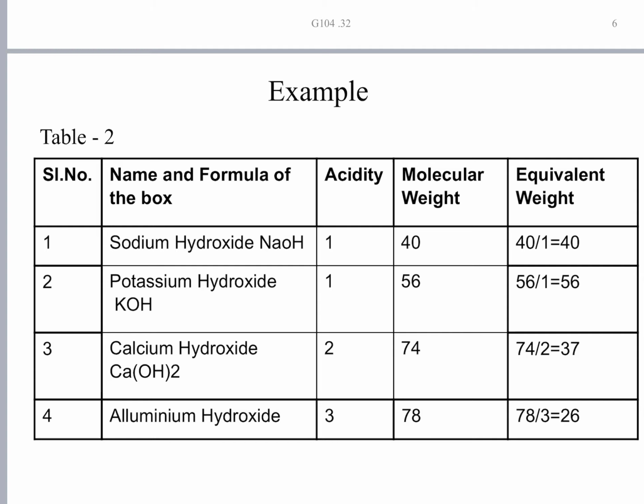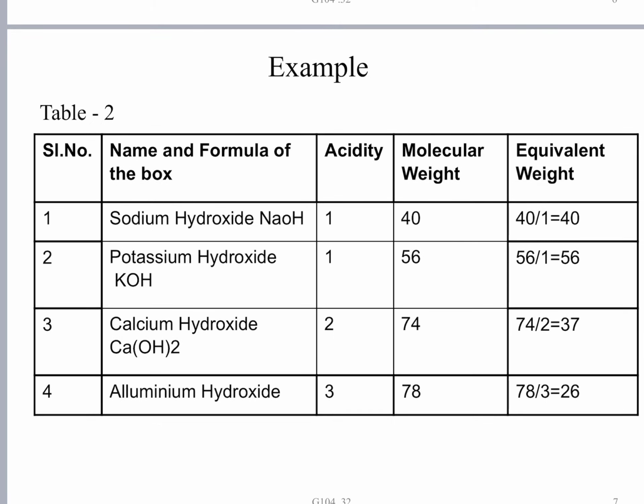Next, we will go for aluminum hydroxide. When dissolved in polar solvents, it furnishes 3 hydroxyl ions, so the number of replaceable hydroxyl ions is 3. For example, if you react aluminum hydroxide with HCl, Al(OH) taken thrice plus 3 HCl gives AlCl3 plus 3 H2O.